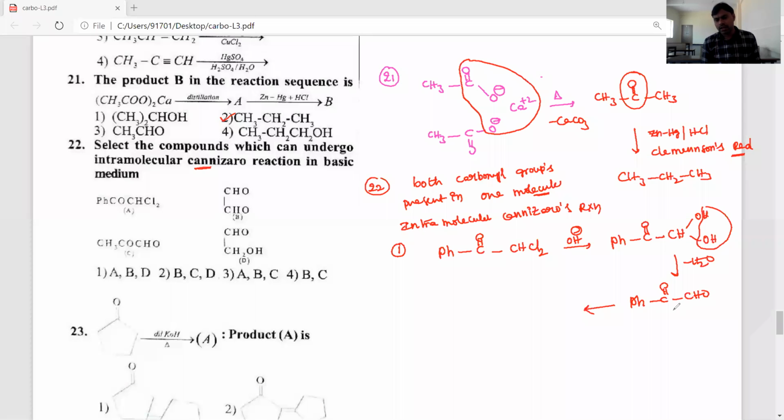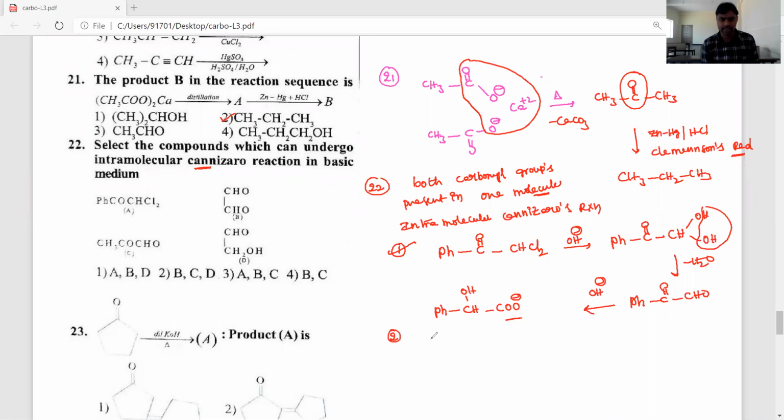Okay. Alpha keto aldehydes are involved in intramolecular Cannizzaro reaction, again in the presence of base. Always the ketone group is converted into alcohol and the aldehyde group is converted into acid. Okay. Now the first option is involved in intramolecular Cannizzaro reaction.